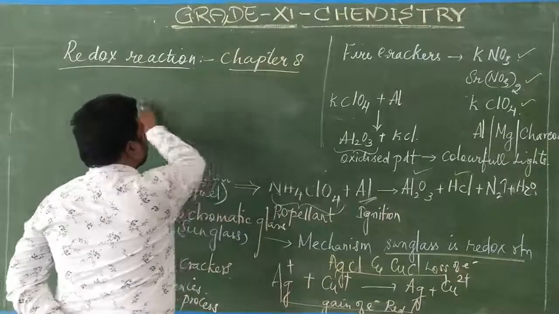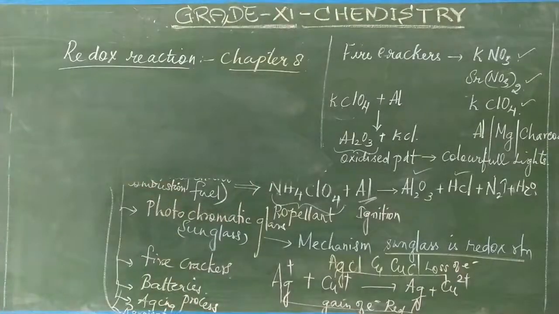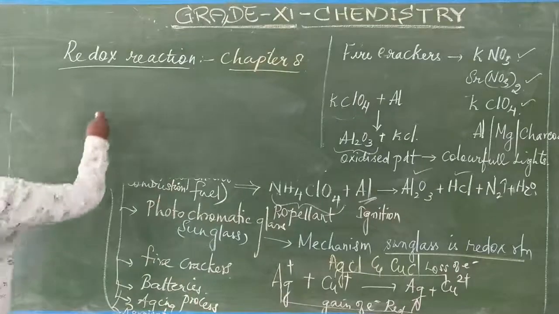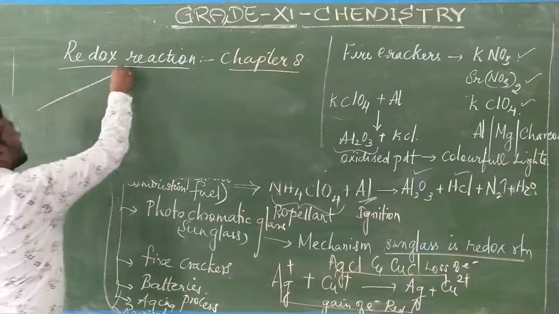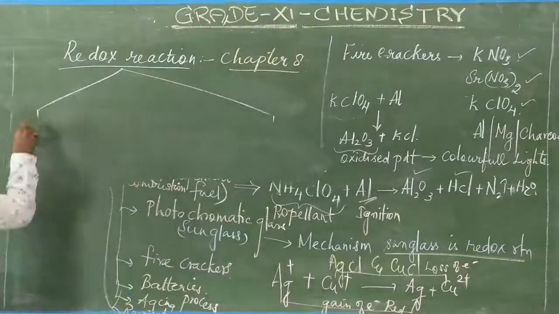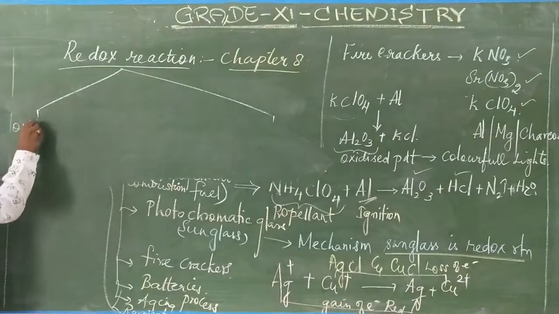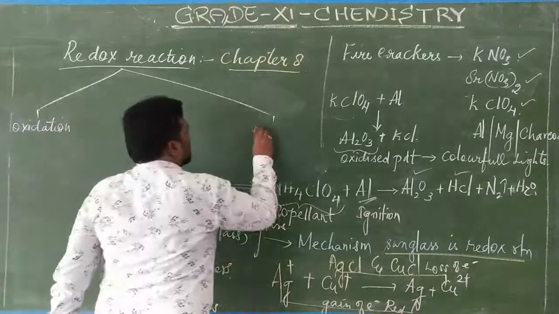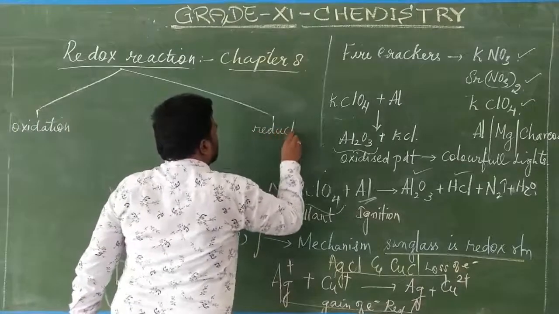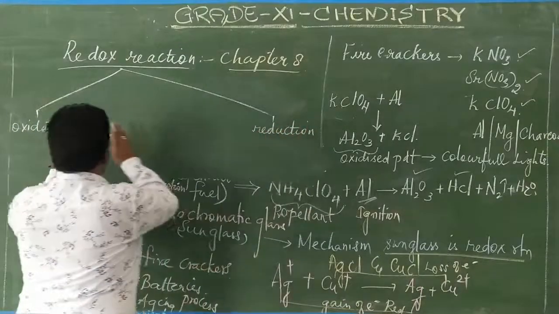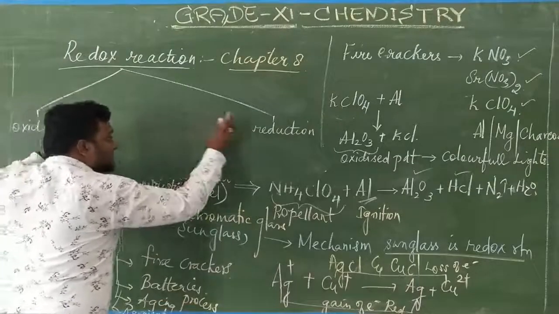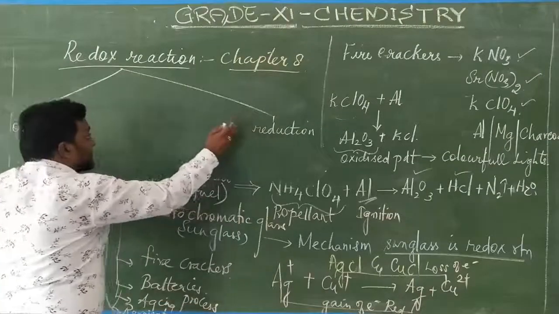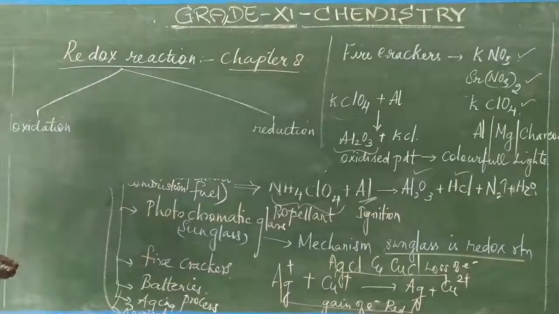Now see, the redox reaction comprises oxidation as well as reduction. Oxidation and reduction should take place simultaneously in a single reaction, giving us the formation of a redox reaction.